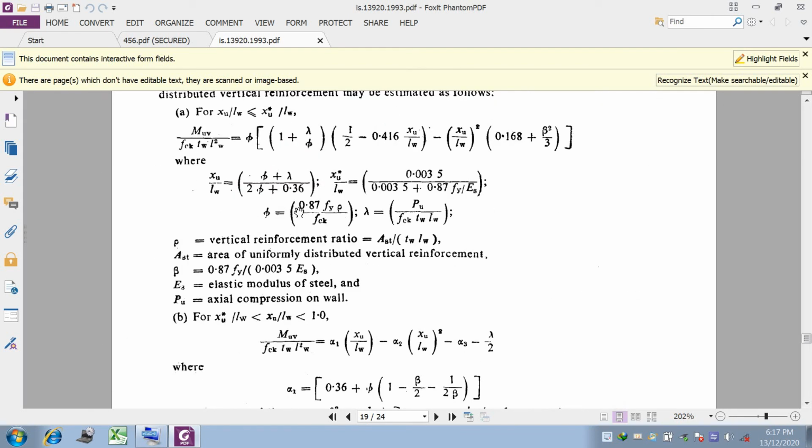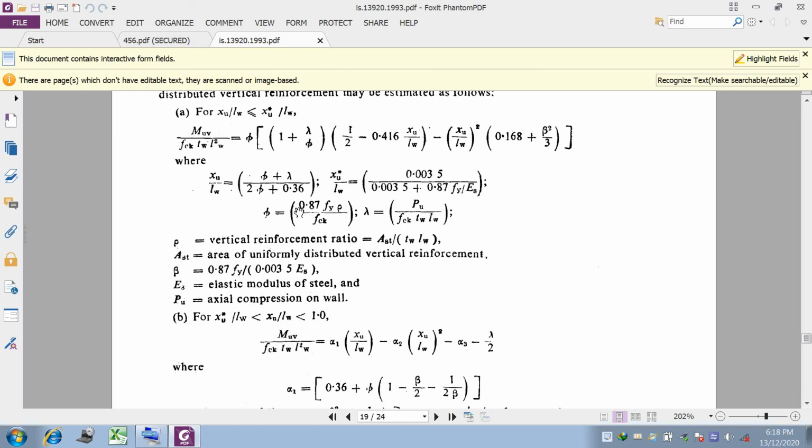So this is the basic analytical procedure by which you can design the shear wall as per IS 13920. Today we have seen the basics of the design of shear wall as per two different codes, because both the codes have given their own requirements for the design of shear wall.